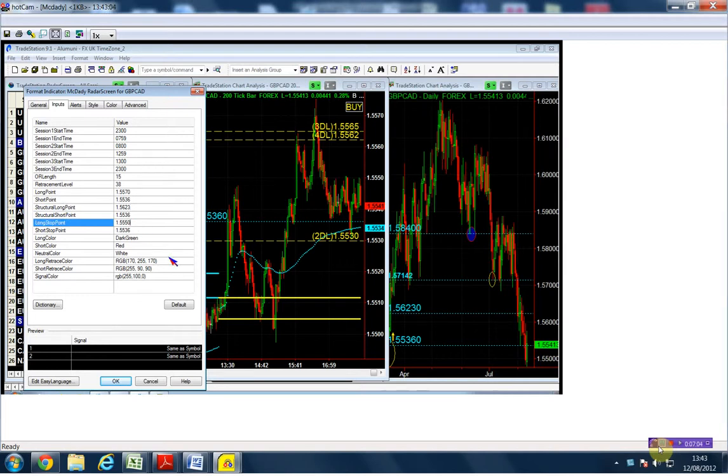So for the pound CAD, I'm buying it above 155.70. My structural long point above that is the 156.23, and my stop is going to be the 155.50. On the short side, I'm going to go short below the structure point, which is 155.56. It is going to be my short point, my structural short, and my short stop. Okay, that is the pound CAD.